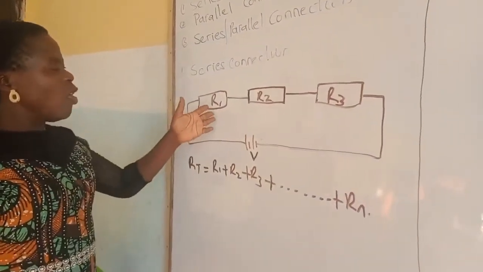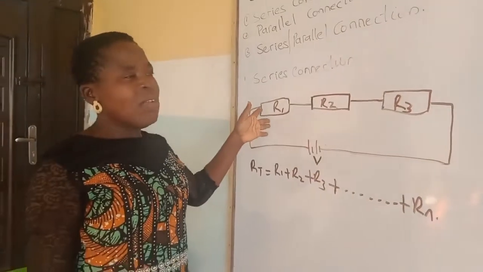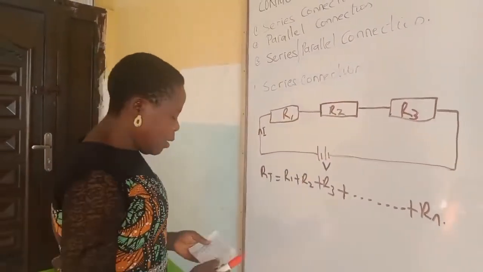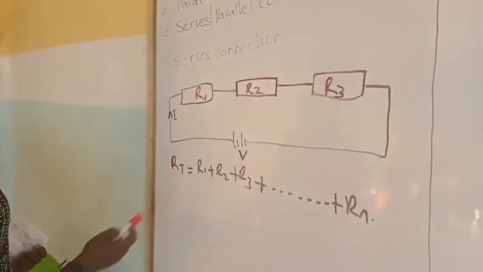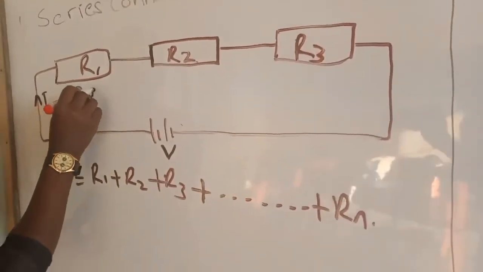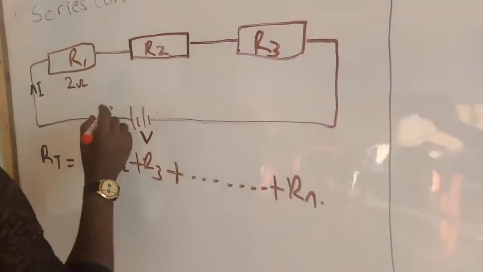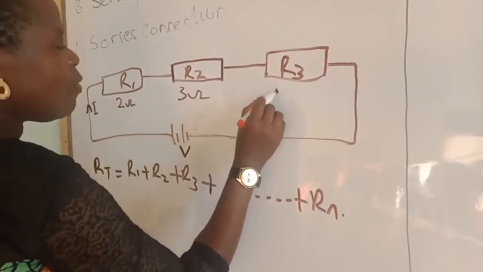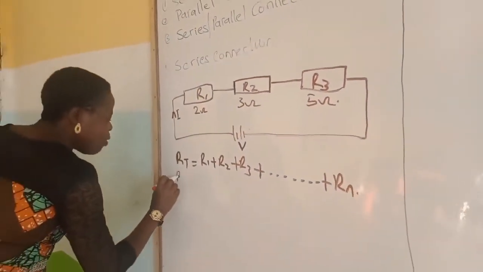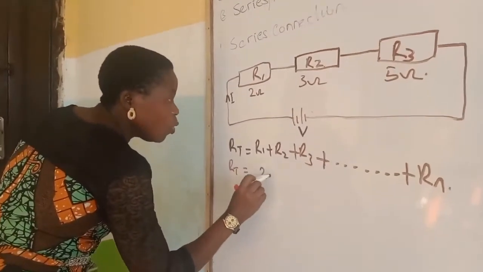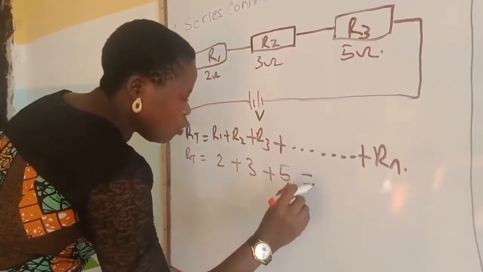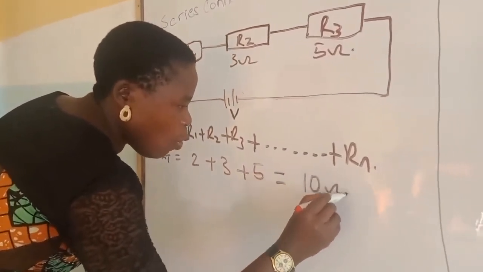So if these resistors have values, whatever value it is, 1 ohm, 2 ohms, 3 ohms, everything will be added together. Example: let's say R1 is 2 ohms, R2 is 3 ohms, and 5 ohms for R3 respectively. So our RT will be equal to 2 plus 3 plus 5, which is equal to 10 ohms.